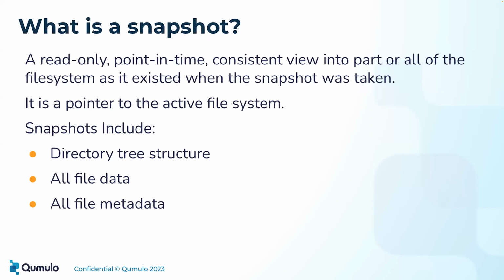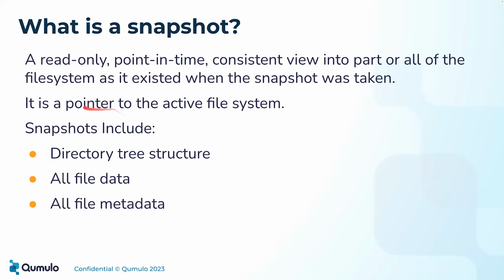All right. So what is a snapshot? A snapshot is a read-only point-in-time consistent view into part or all of the file system. So it's what the file system looked like at some point in time. And a snapshot will contain all the changes that differ from the current state of the file system.